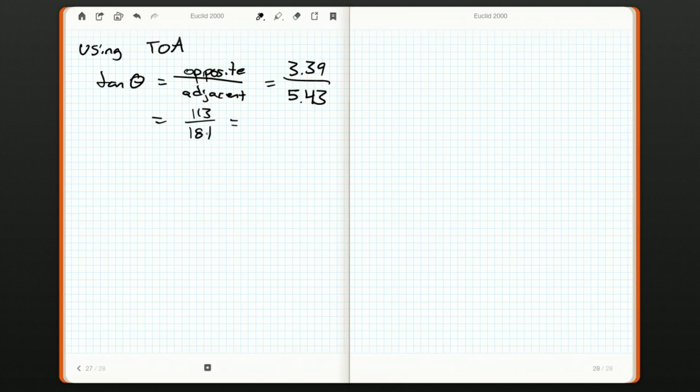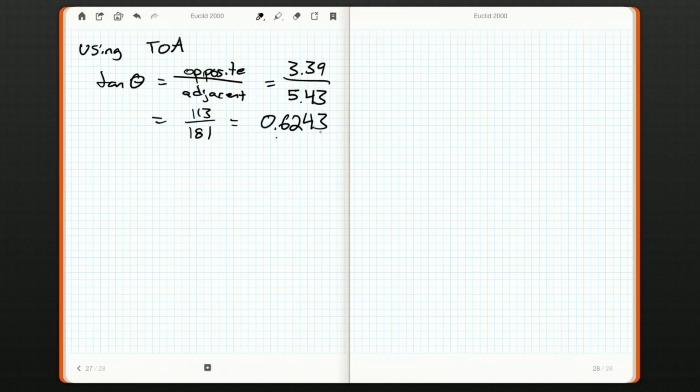I think 113 is prime. Yes, it is prime. Okay. And this is about 0.62 according to my calculator. Okay, 0.6243 is what I've got.